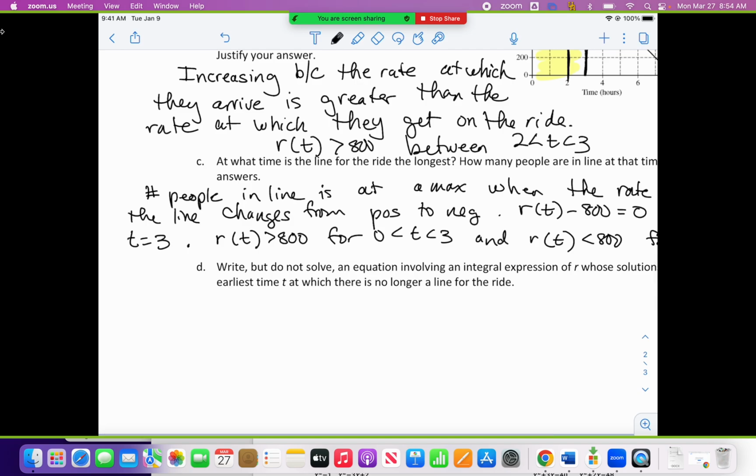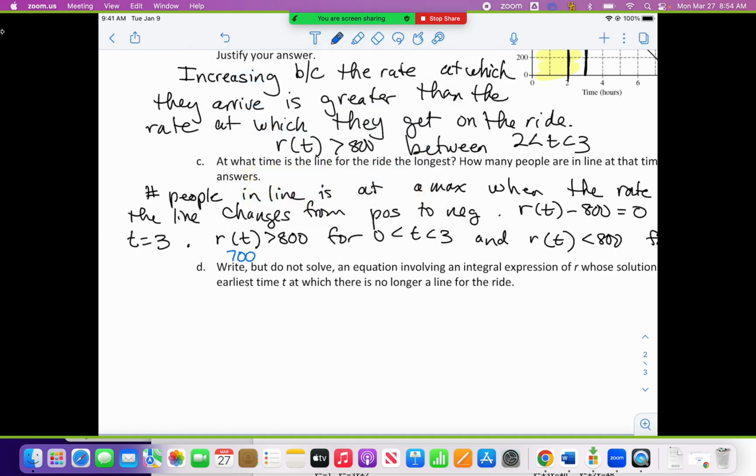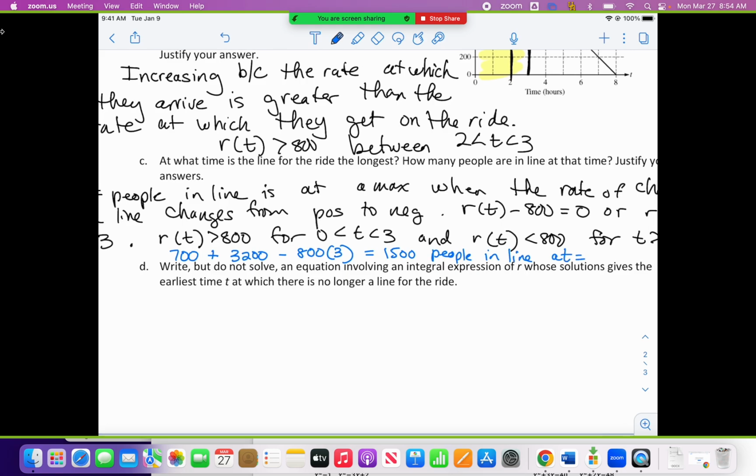Now, if you want to figure out how many people are in line at t equals 3, you're going to take the 700 plus the change, 3,200, which we got in part A. And then how many people are getting on? There's 800 people every hour. So there's 1,500 people in line at t equals 3.